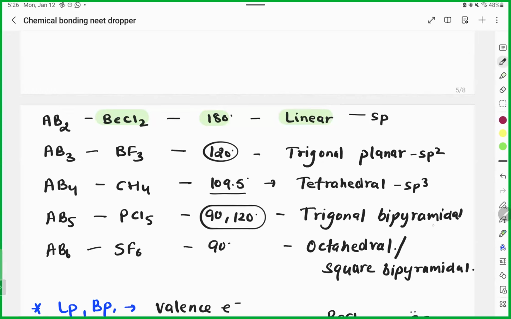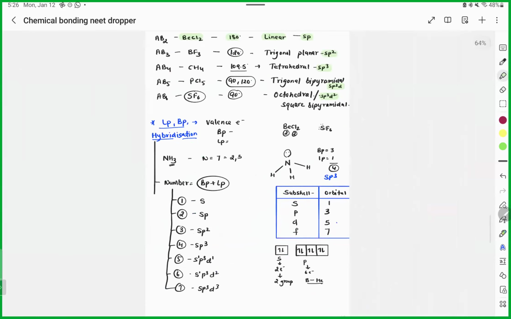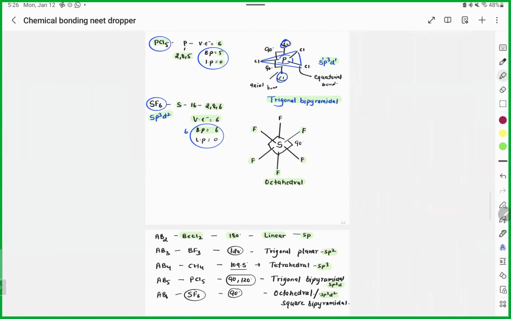Trigonal bipyramidal and hybridization will be sp3d. And if you have SF6, angle only 90 degrees, octahedral, hybridization will be sp3d2. Done. Only these kinds of compounds you have sp, sp2, sp3, sp3d, and sp3d2, mostly. This is only with the bond pair without any lone pair.